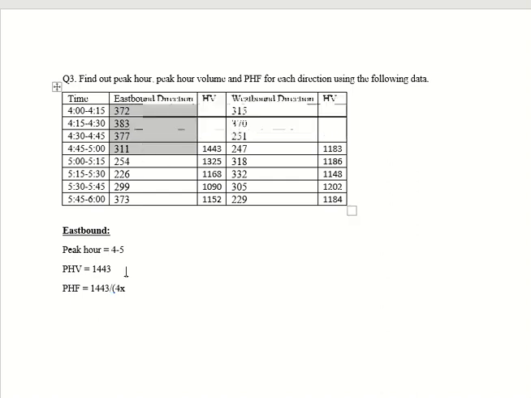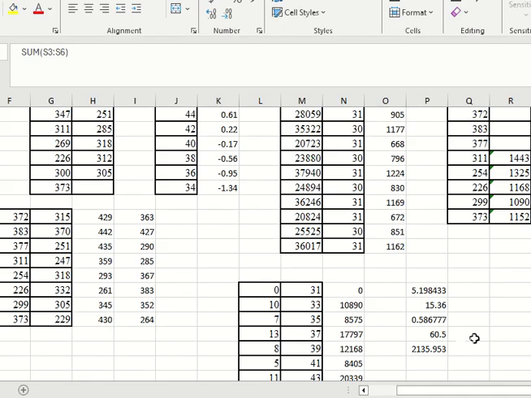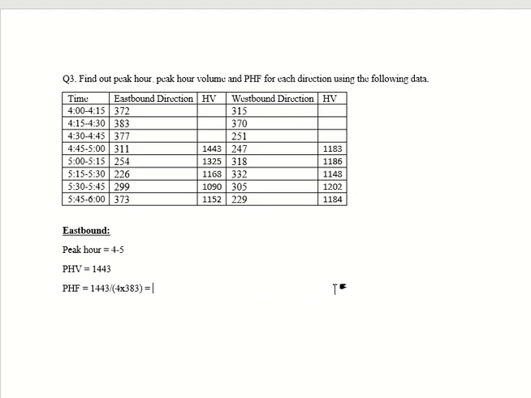So the maximum is 383. So this comes out to be 0.94. Again, if there's a small difference in the decimals, there's no problem with that.